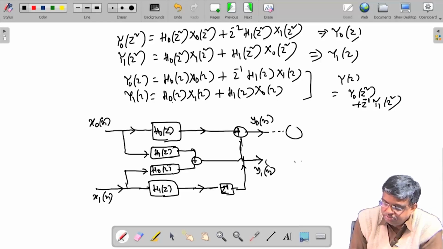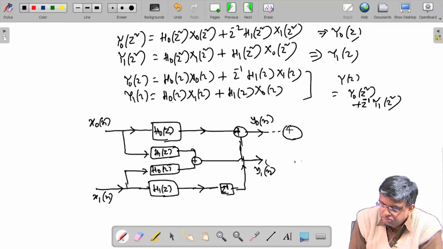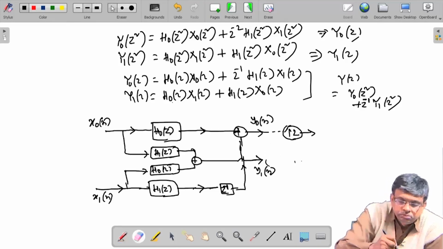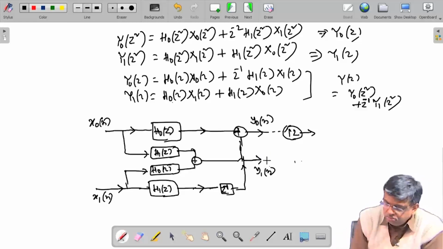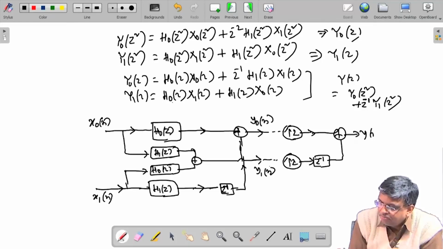So y0 z square here, y1 z square delayed, and then you add; this is y n, right.